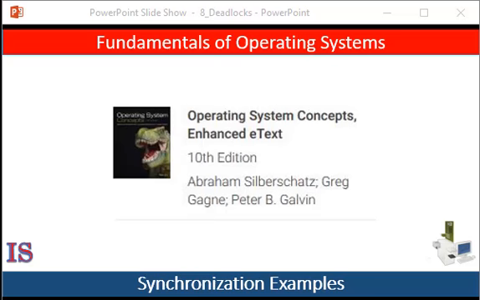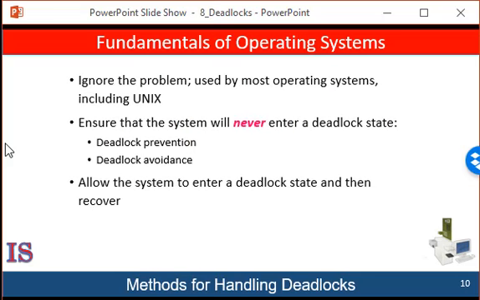So let's begin. We can deal with the problem of deadlock in one of three ways. We can ignore the problem altogether. We can use a protocol to prevent or avoid deadlocks, ensuring that the system will never enter a deadlock state.